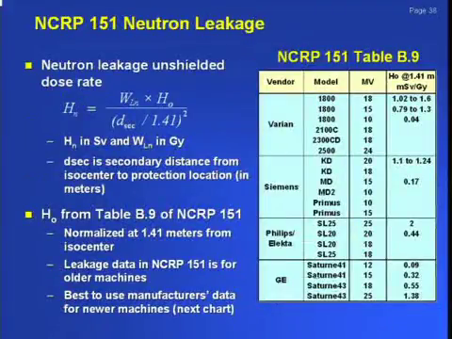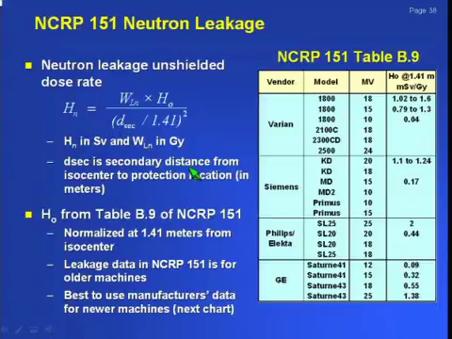That's just how our neutron leakage for an unshielded dose rate, this is the formula you use. You're basically looking at a workload that would generate your neutron leakage times your estimated patient exposure, divided by your distance, divided by 1.41 squared, your distance secondary.